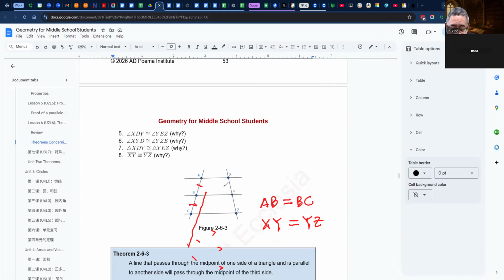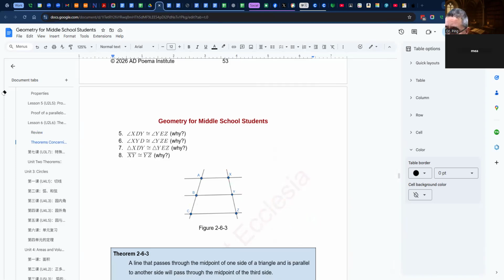Then it will cut another transversal, and those also will be congruent. It doesn't mean that this line is equal to this line. They are not. Sometimes in special cases they do, but in general they are not. And you can see that pretty easily.